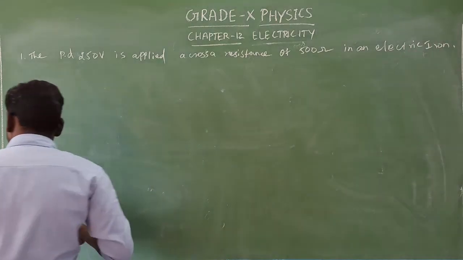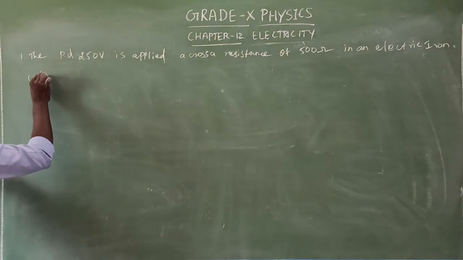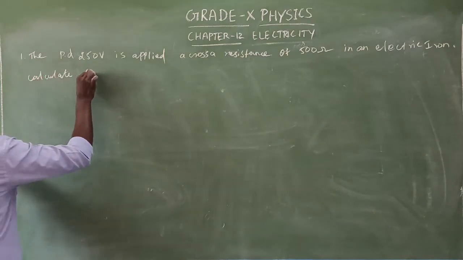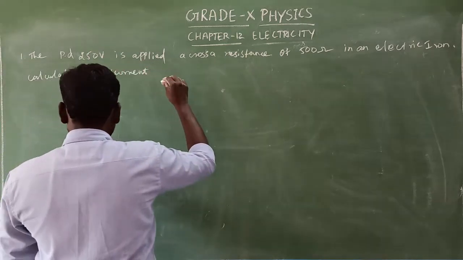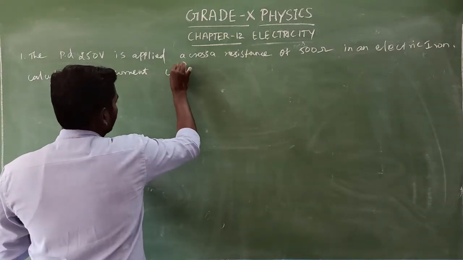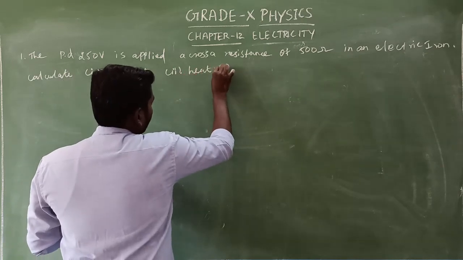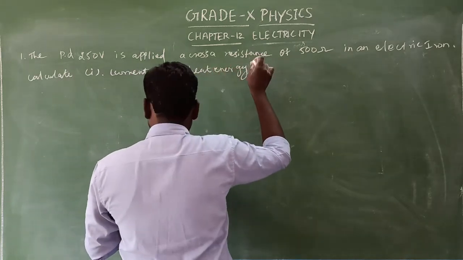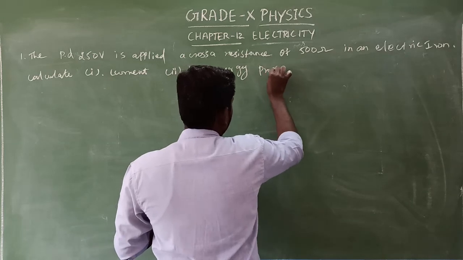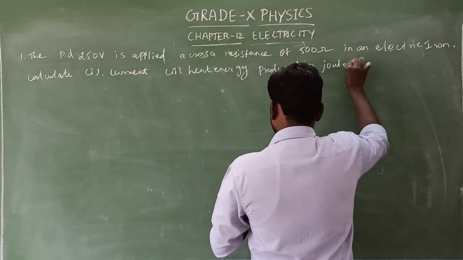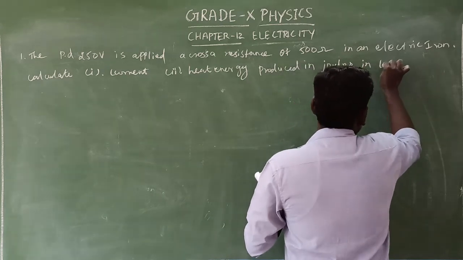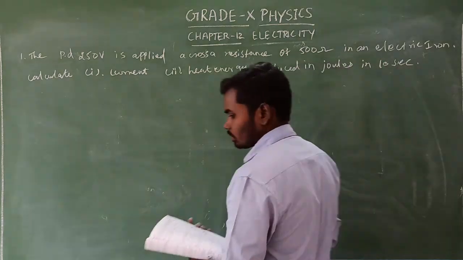Calculate the current. And second one, the heat energy produced in joules in 10 seconds. Time is 10 seconds, students.